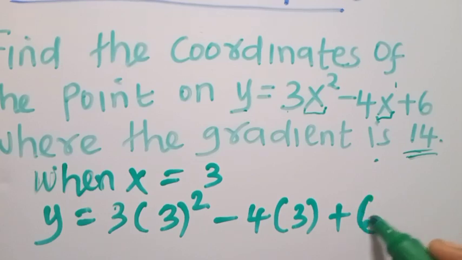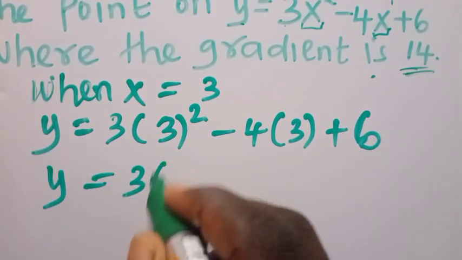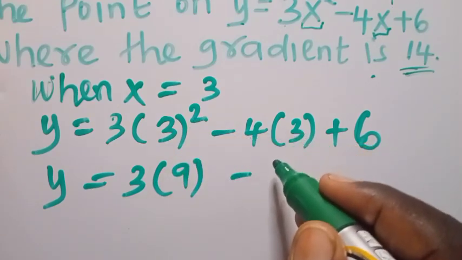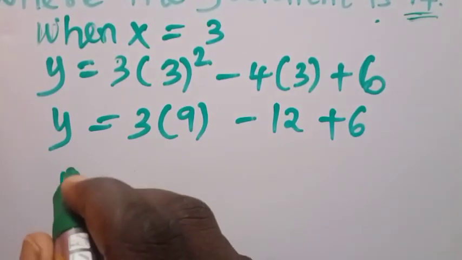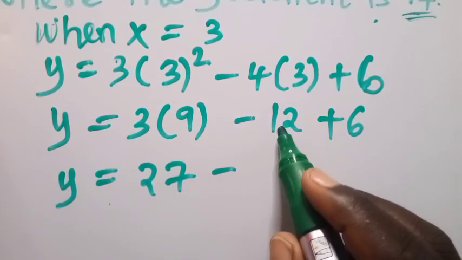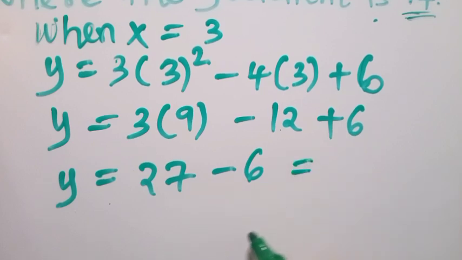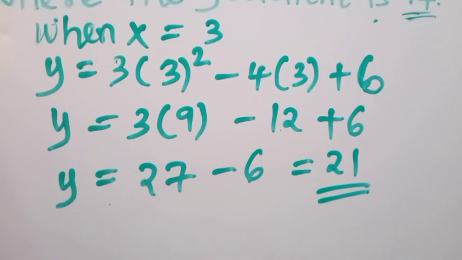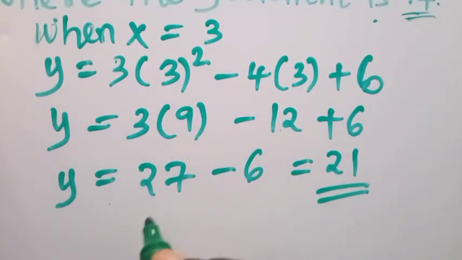From there we shall have y equals 3 into 3 squared, which is 9, then minus 4 times 3, which is 12, then plus 6. And in that case we have y equals 27 minus 12 plus 6, which is just minus 6. So we have 27 minus 6, which is 21. Now the value of y is 21. When x is 3, the value of y is 21.